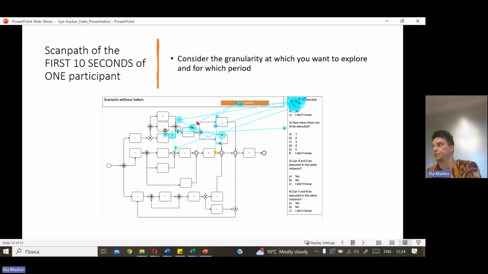There is a red dot and a yellow dot. What does that mean? Yeah, I think the yellow dot is the latest eye gaze path. Essentially, the red dot is the actual eye gaze.